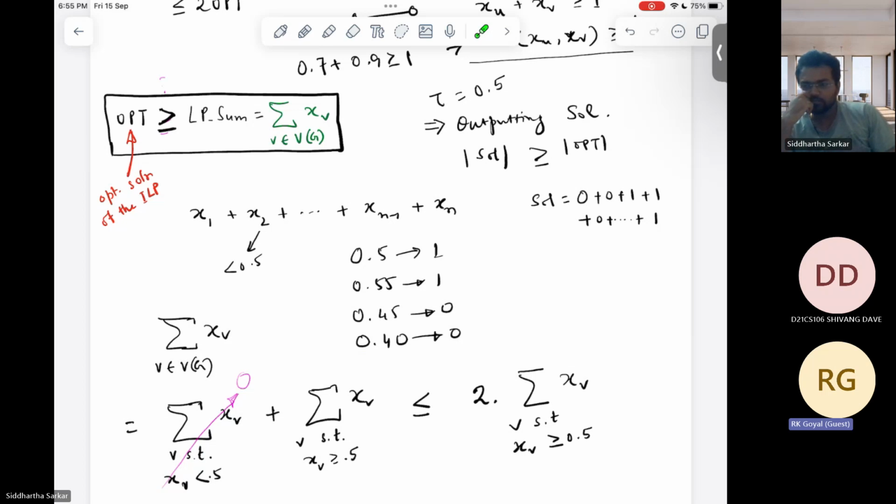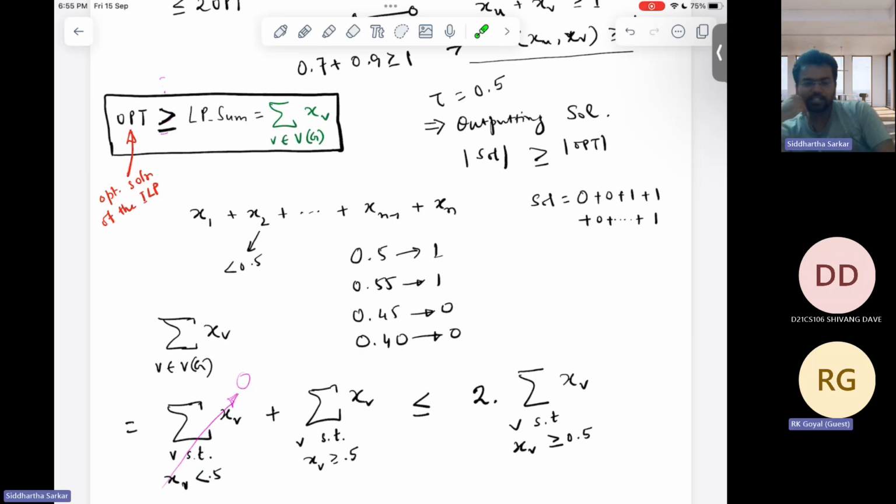whatever conversion we are carrying out here, ultimately this value is coming from this LP sum. Yes. So then the value of this solution could be much smaller than the value of the LP sum.